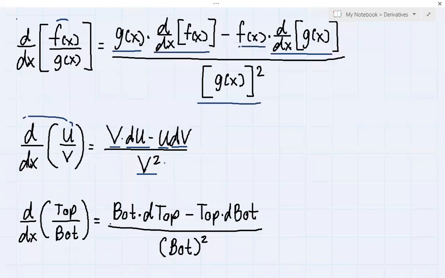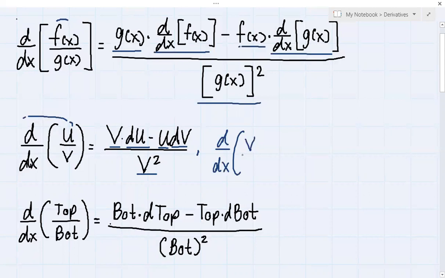But what if we interchange the position? What if we pick V as the numerator and your U as the denominator? Okay? So, if that's the case, ganito mangyayari sa kanya.